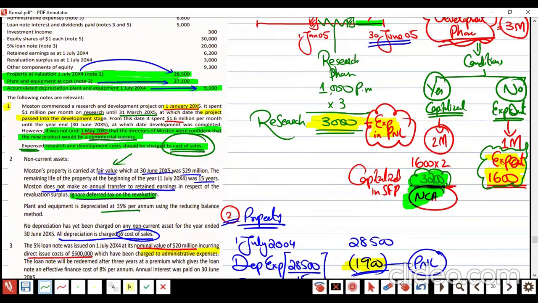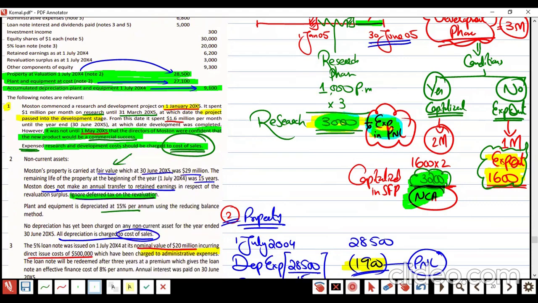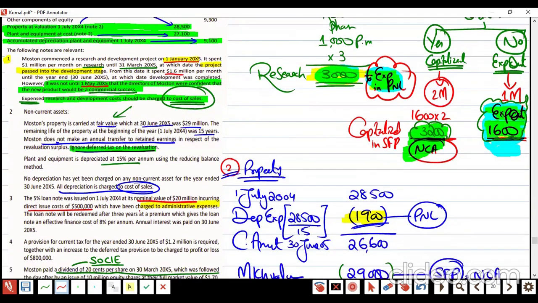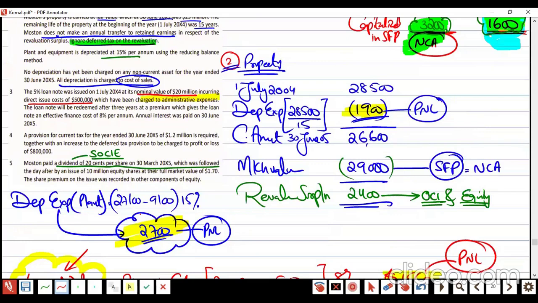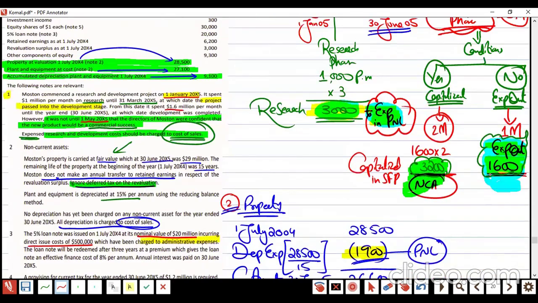How much is the research? Research is the expense. So 3,000 and 1,600. Am I okay with the note one numbers? So note one, research and development, the reference of working. How much? 2,600.